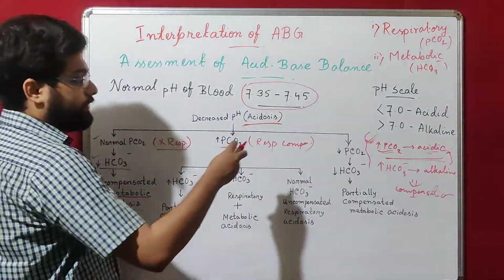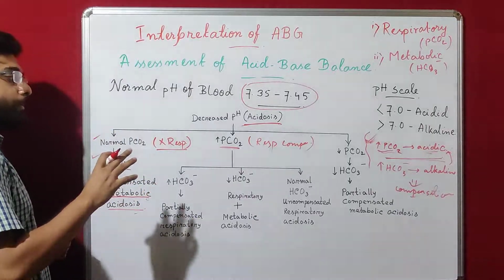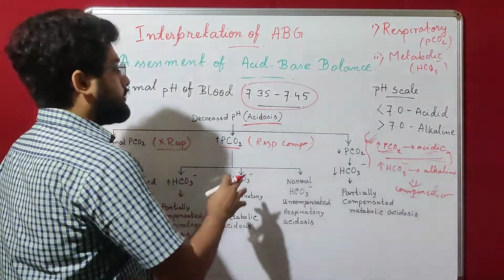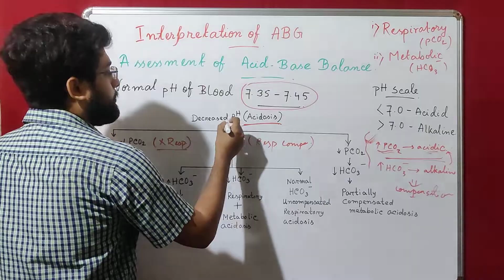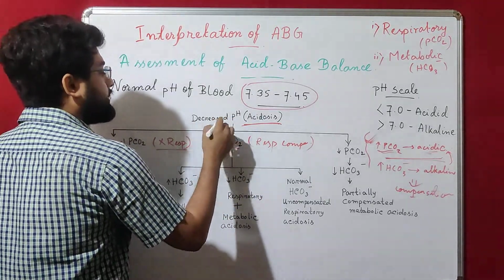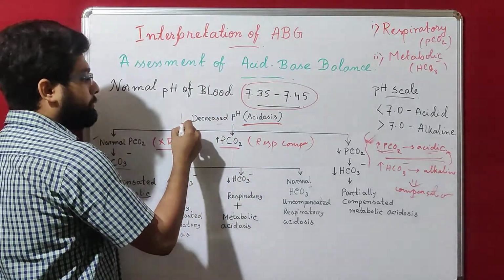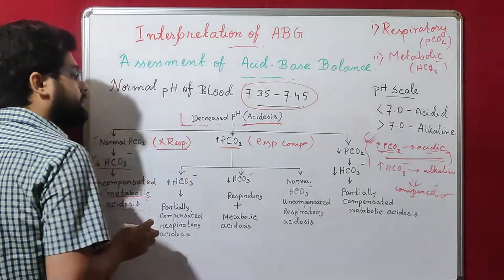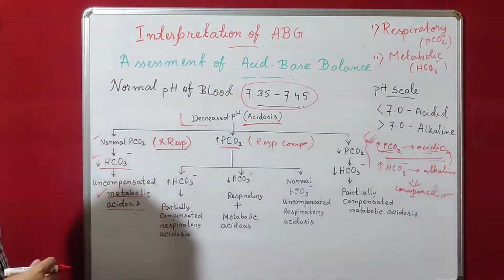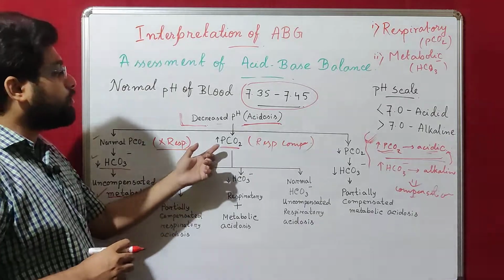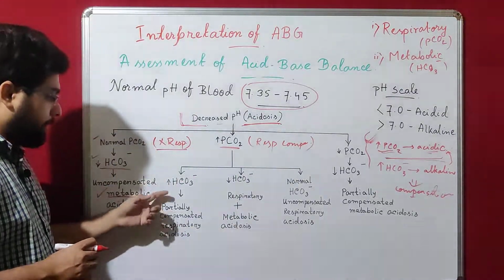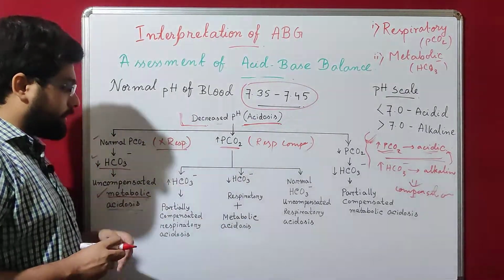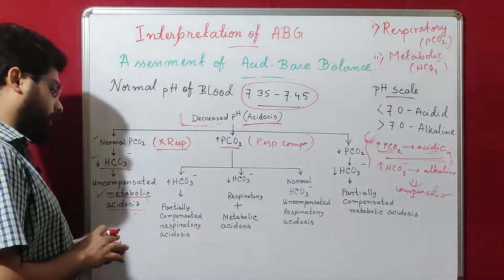No, because if it was able to completely counter the abnormal scenario, then we would see that the pH is normal. But in this case, the pH is not normal, the pH is decreased. That means acidosis is still present, but the body is trying to compensate the acidosis by increasing the concentration of bicarbonate ion.